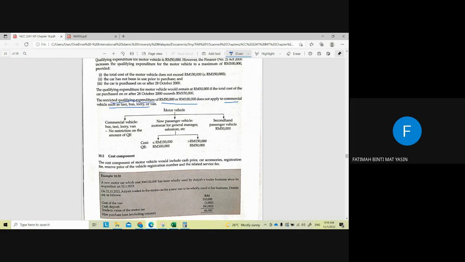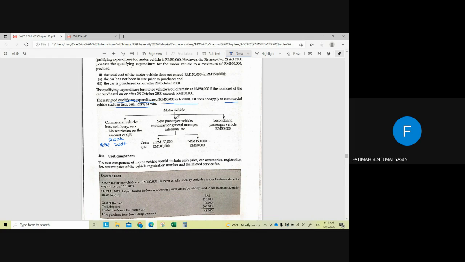For a commercial vehicle, bus, lorry, taxi, van, there is no restriction on the amount of qualifying expenditure. For example, the company acquires a bus worth 200,000, so the QPE for that bus is 200,000. There's no restriction.